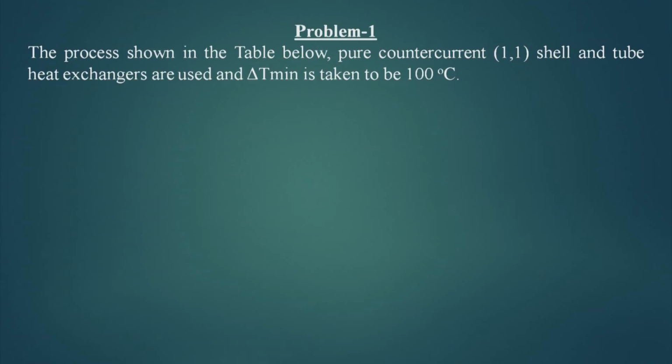Now, let us take a problem and demonstrate this. The process is shown in the table below. Pure counter current, one shell and tube heat exchangers are used, and delta T minimum is taken to be 10 degrees.